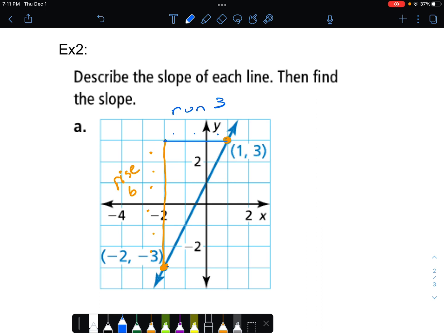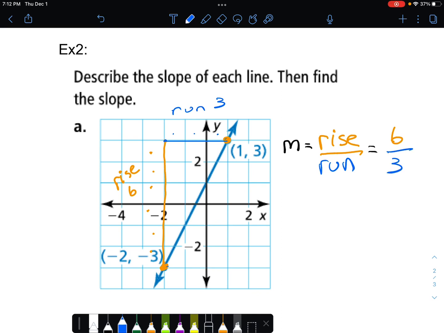That's 3. So my slope is going to be m is equal to rise over run, and that's going to equal 6 over 3.